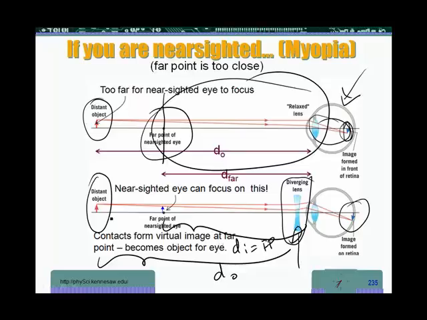Actually, that makes sense if you think about it. If the image is real, the image is going to be inverted. So we need the lenses to provide us with virtual images. By providing virtual images, they make the images appear closer, at the far point, but keep them upright, with the same orientation.